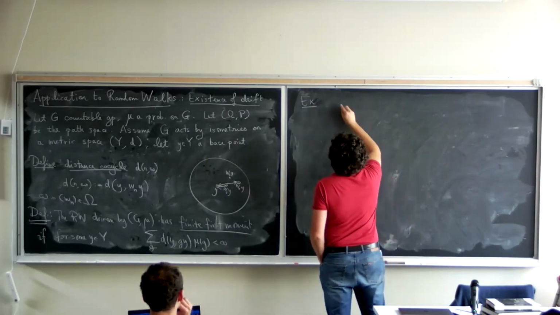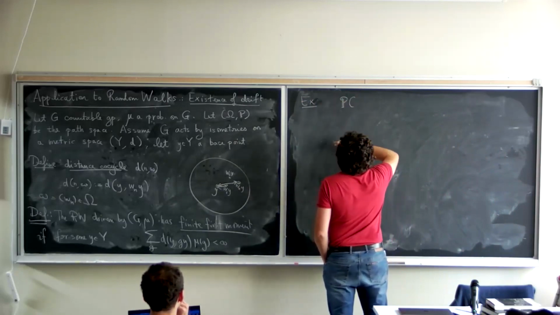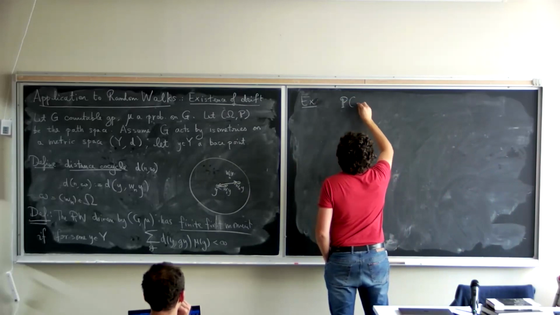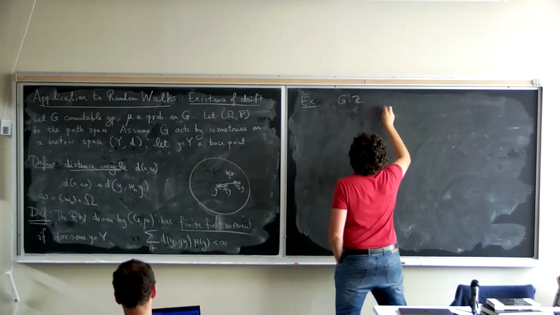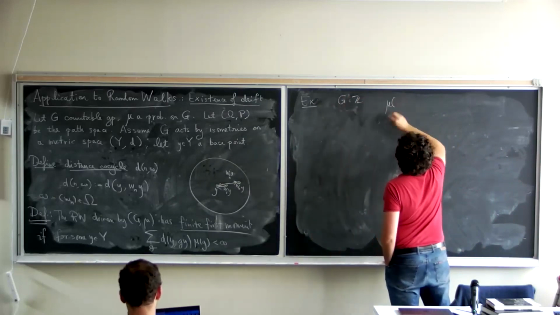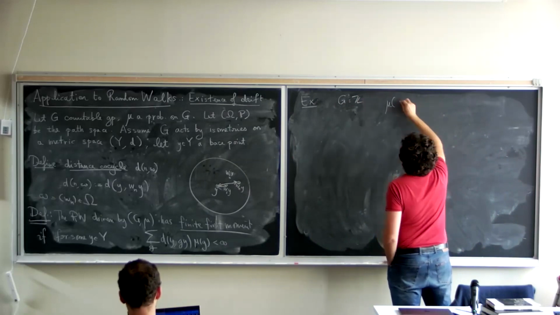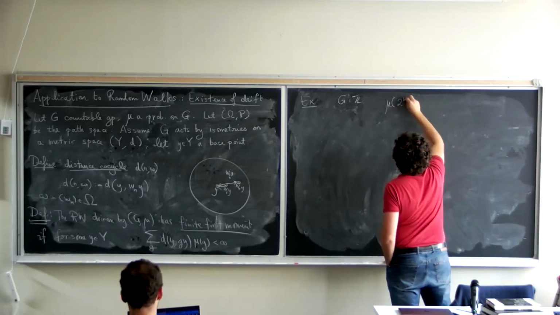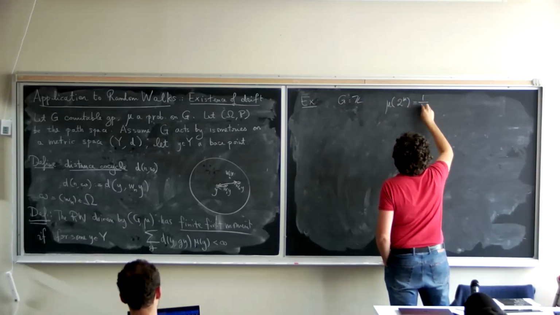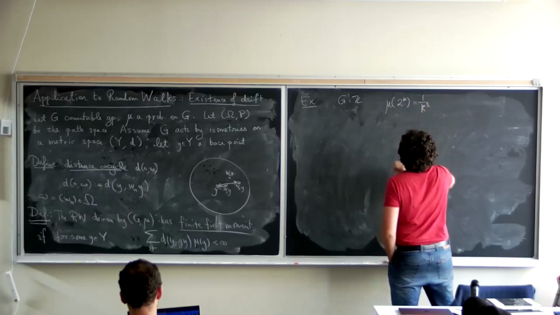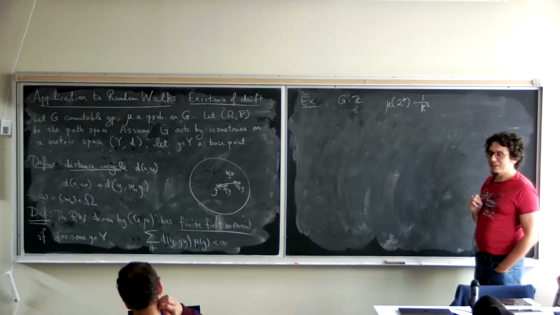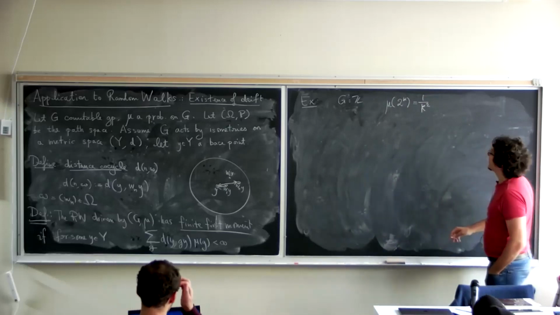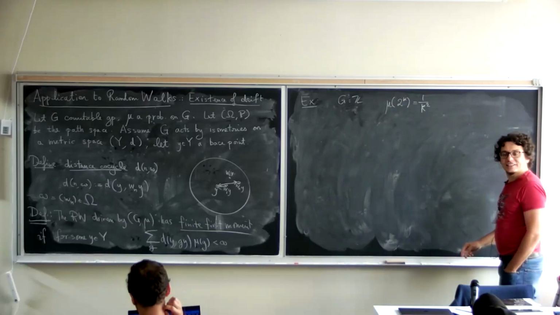Let's say G equals Z. So mu of 2 to the k equals 1 over k squared. The question is whether it's independent of y. That's right. So I'll tell you the answer. Yes.